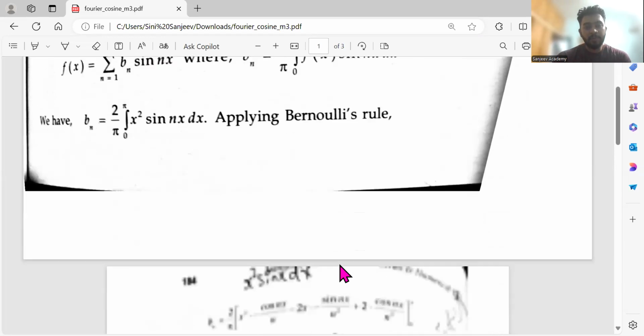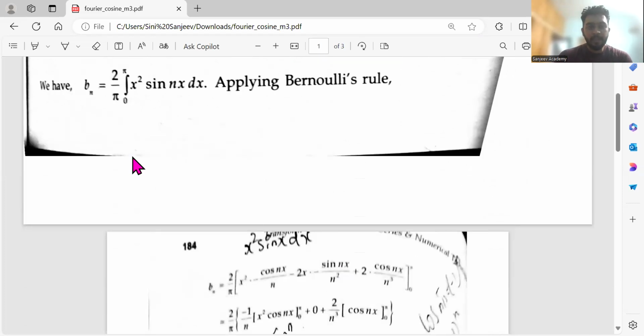Then I'll apply Bernoulli's rule. That is, first function into integral of second function, minus differentiation of first function into double integral of second function, plus the triple differentiation of the first function into triple integration of the second function. So x square, and what is the integral of sin nx? Minus cos nx by n.